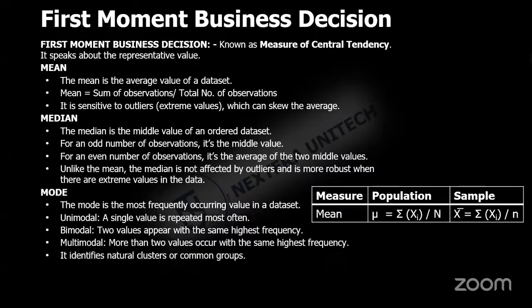If there is a data set, assume that this is the data set that I have, in which there are features, columns, and there are also rows.